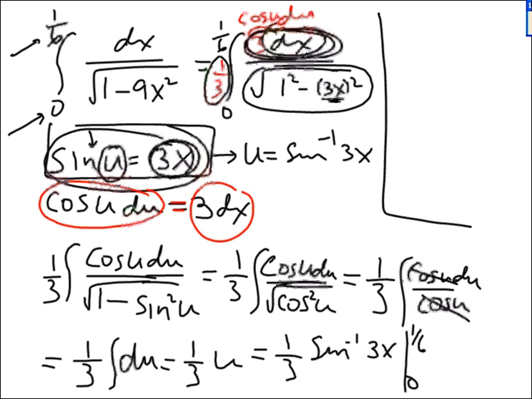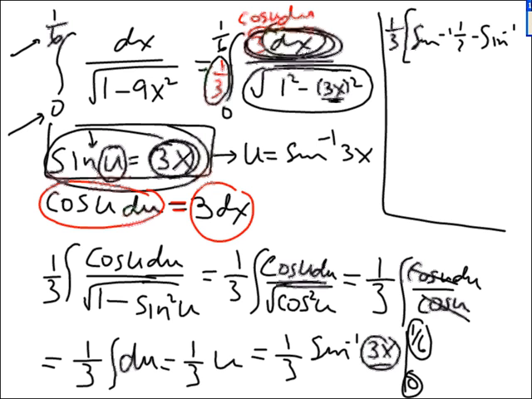I will finish that up here, please. The 1/3 I will factor out. It's the sine inverse of 3 times 1/6, which is a half, minus the sine inverse of, well, x is now 0. 3 times 0 is 0. The sine inverse of a half. What is this angle if the sine is a half?